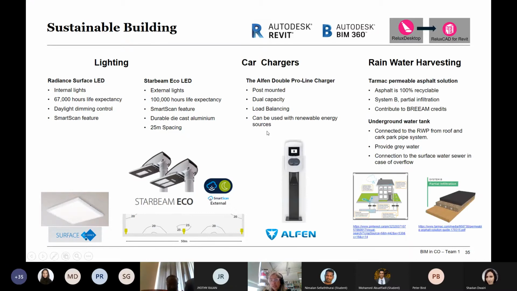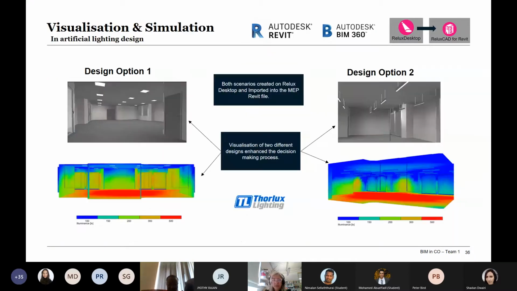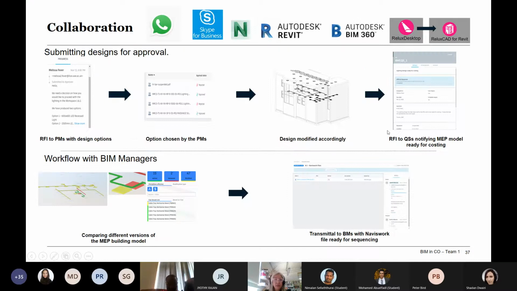This is mainly infrastructure, rainwater harvesting, and then they look inside the buildings and start to use and test different software to test the levels of artificial lighting in the buildings.